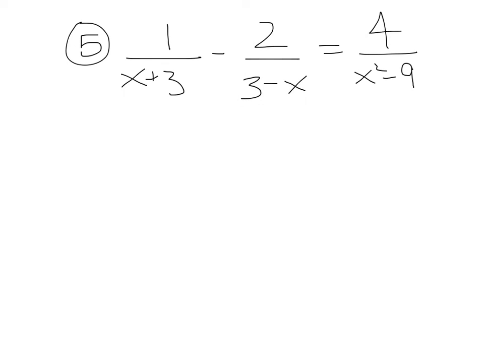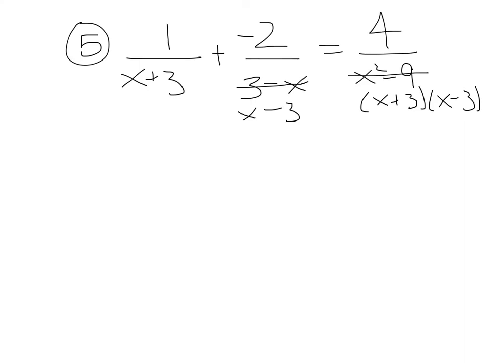With this fractional equation, I'm going to make sure all the denominators are factored. I also like to add the opposite to get rid of that subtraction. And one other thing I can do is, I see here that I have a 3 minus x. I don't like that. I like it as x minus 3, but when I flip those terms around the negative, that creates a -1 technique situation.